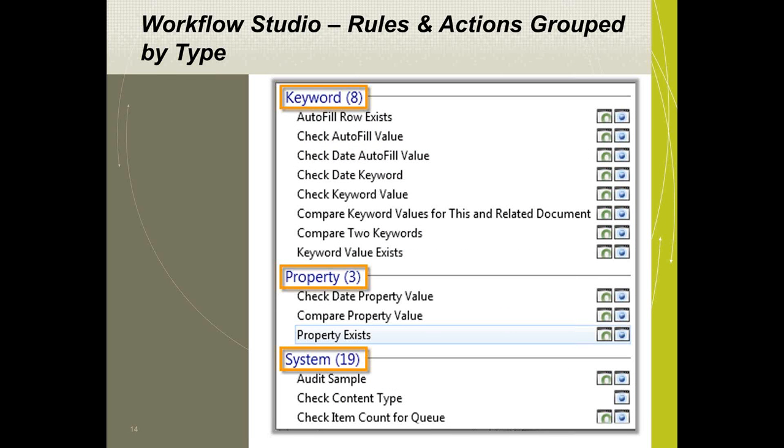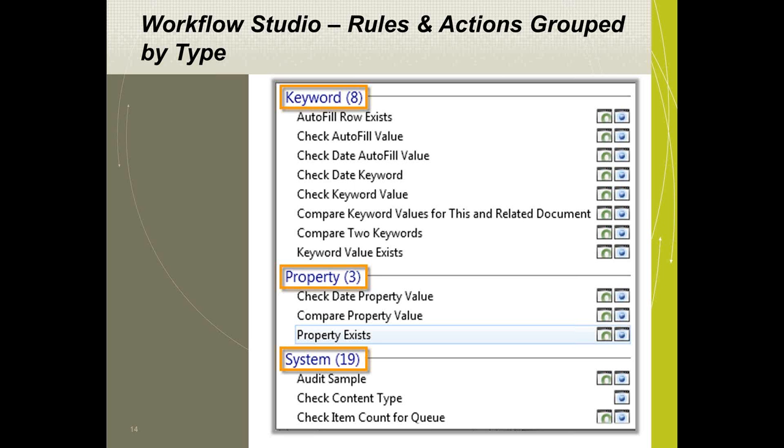All right, rules and actions. They are now grouped by type in Workflow Studio to help you find what you're looking for faster. And also on the right side, you'll see that there are icons next to each one that show you whether the rule or action is supported for use in core or classic mode or both.